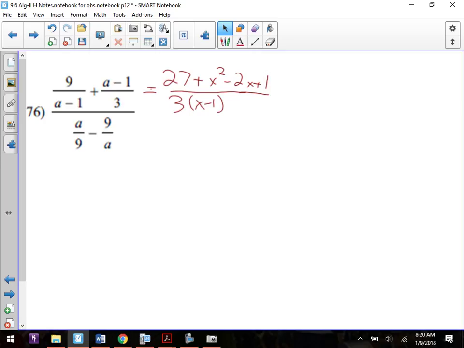Do the same thing on the bottom. It's going to be a 9x. So it's going to be x squared minus 81. Bring up and flip. So let's see, we get x squared minus 2x plus 28. What times what is 28 that you add together to get negative 2? A whole lot of nothing. So there's that.